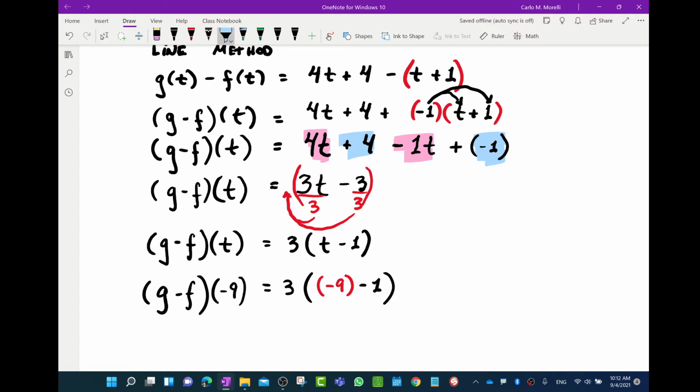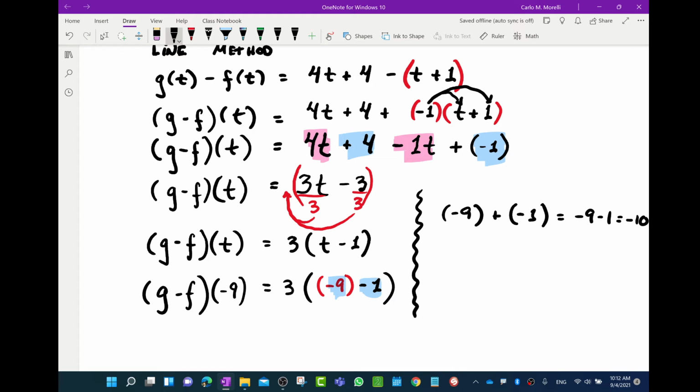Okay? So the question is, we do what's inside the parentheses first. What is -9 minus 1? -9 plus -1 is equal to -9 minus 1, which is equal to -10.